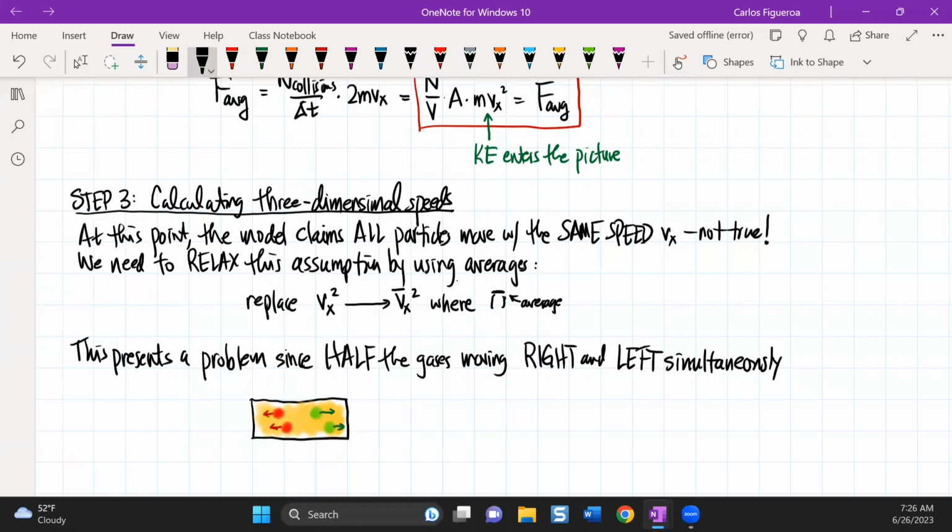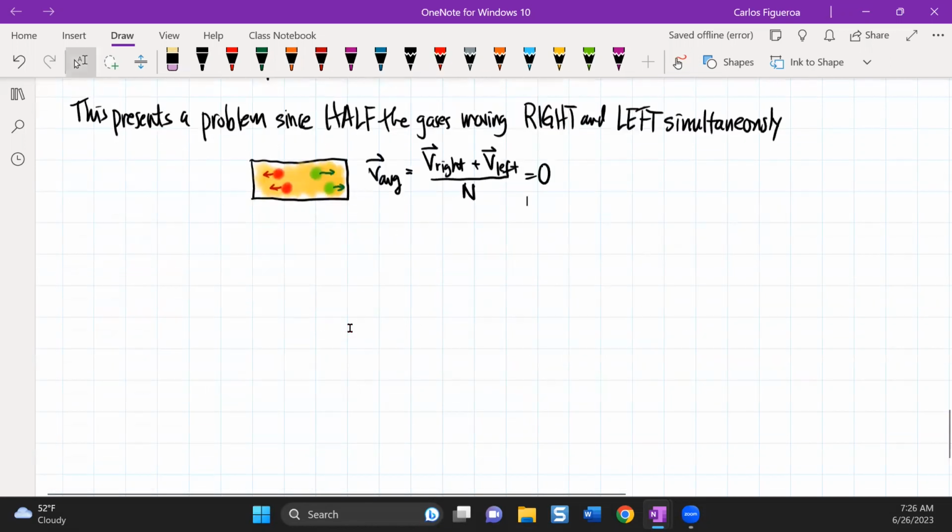So then that means here is that the average velocity is then going to be V to the right plus V to the left, and they have to be vectors. On average, that has to be identical to 0. And physically, this must be true.